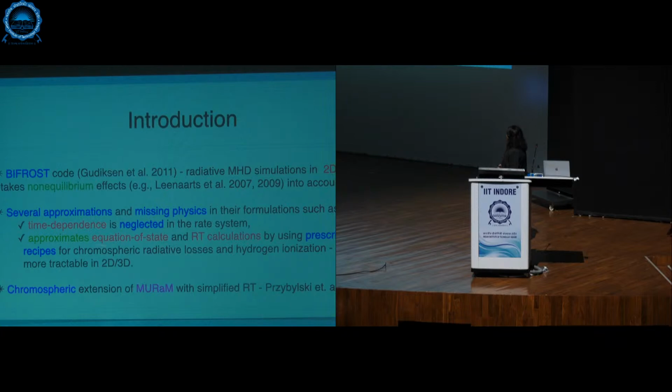And recently we have also been developing an extension to the chromosphere for the MURaM code, which is a radiative MHD code, but here it is with a simplified radiative transfer similar to Bifrost, which is presented in this paper.